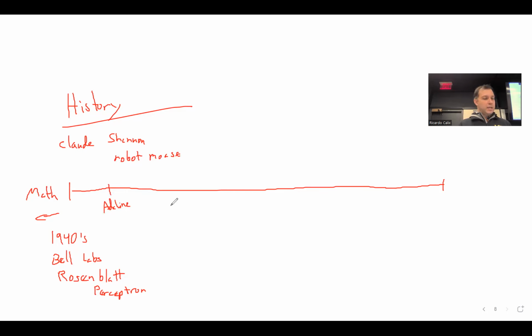Then, between all the excitement of the perceptron, don't forget that's the start, by Rosenblatt, and maybe around the 1980s, we had what is probably called the first winter of AI. That means there was a period of deadness.